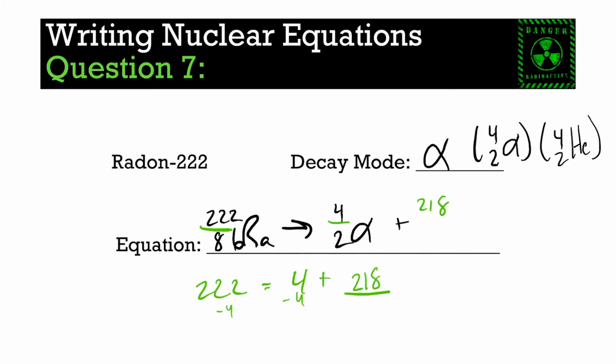And then for the bottom, you have 86 equals 2 plus something. Minus 2 from both sides, and you get 84. So you get 84 on the bottom, 218 on the top, and element 84 is polonium.